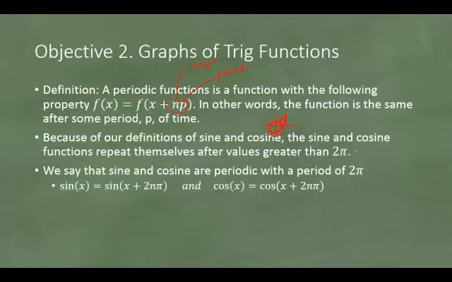So after every 2 pi, since we end up at the same triangle, we should have the same values for sine and cosine. So sine of x is equal to sine of x after 2 pi, or after 2 times 2 pi, or after 3 times 2 pi, after that many rotations. And same thing for cosine.